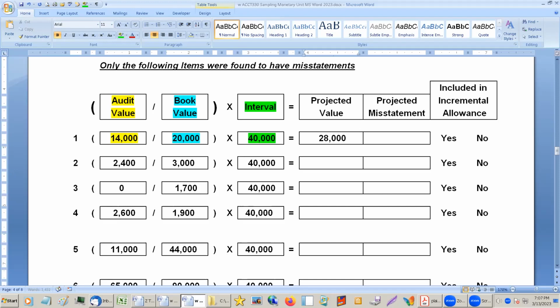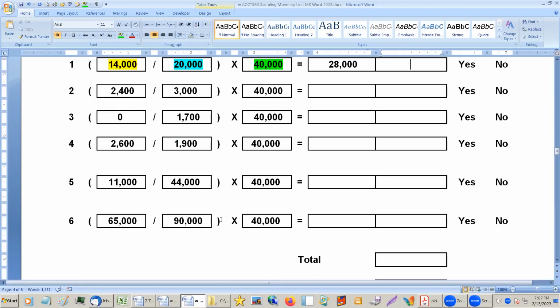You may want to check that. Okay, so what would be the projected misstatement for this one? What's the projected misstatement for that?